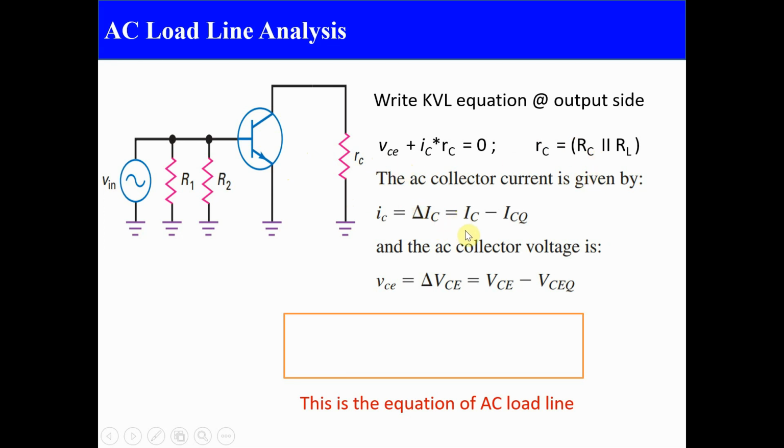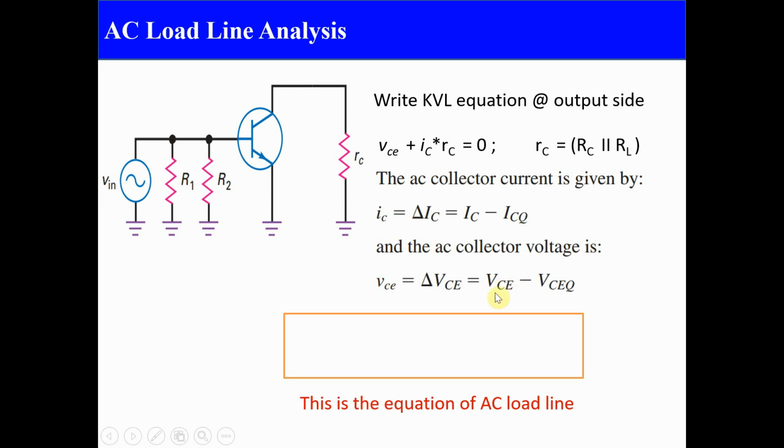Now we know total voltage or total current is always the summation of AC quantity plus DC quantity, right? So in this equation of collector current, this IC represents the total collector current. This total collector current is actually the AC collector current plus ICQ.